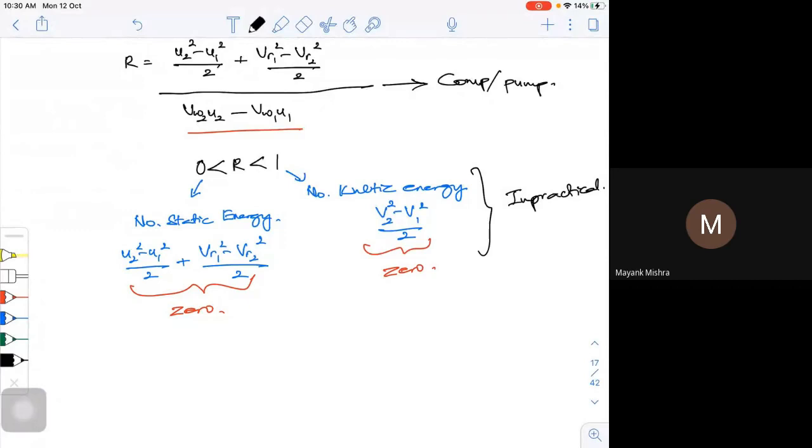Pure impulse machines are there. The best example is your Pelton wheel, where tangential flow makes it a pure impulse machine, so I can have R is equal to 0.